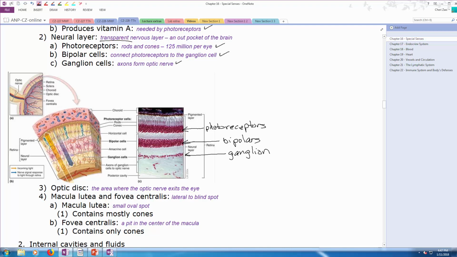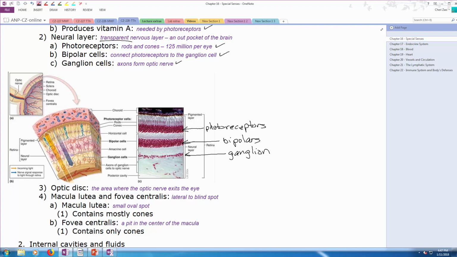What's interesting about looking at a histology picture of a retina is it has very distinct layers, and the nuclei are what adds the really cool aspect of this distinct layering process. They're all really close together and packed in there quite intensely. So photoreceptors very dense, bipolars a little less dense, and then ganglion cells even less dense.